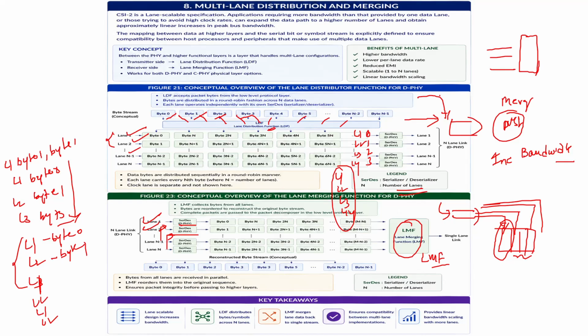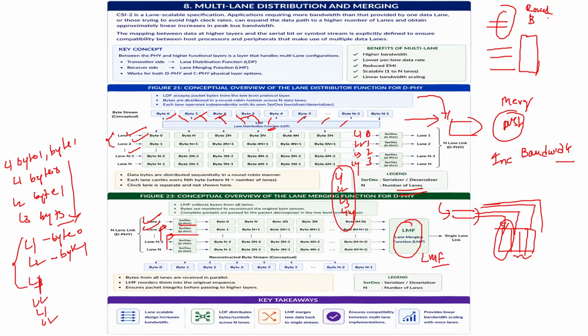Suppose you are transmitting data across different lanes. If you are not following the round robin method, one lane will be taking more load and another will be affected, so most of the data bytes would be transmitted on one lane only. That's why we go for the round robin method.